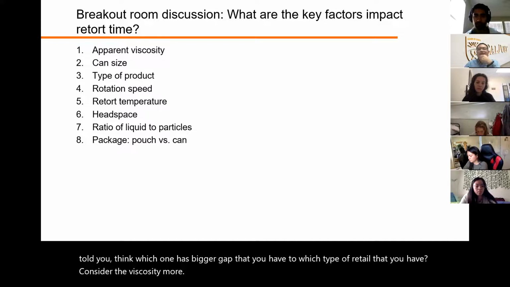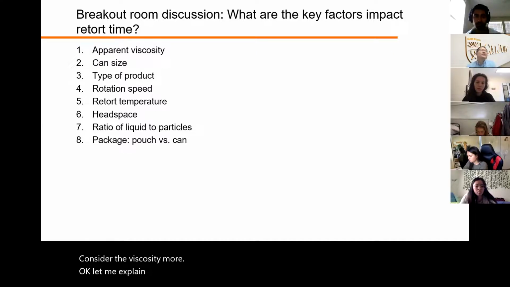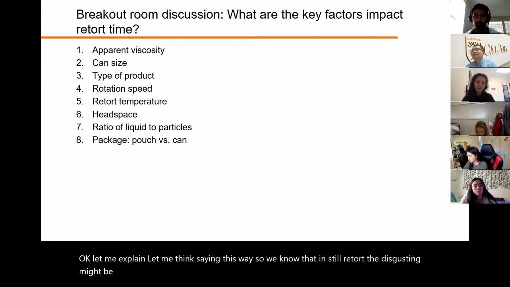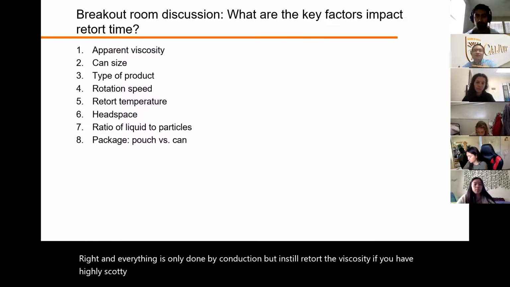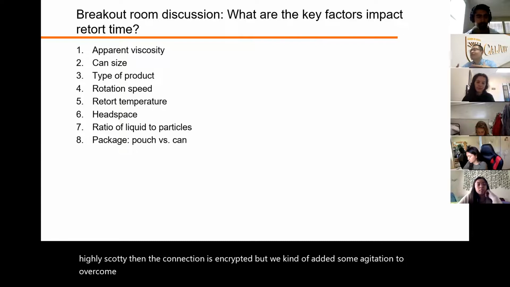Okay, let me explain. We know that in a steel retort, the viscosity might be a huge issue, right? Because you don't have much convection there, and everything is done by conduction. If you have high viscosity, then the convection is inhibited. But we added some agitation to overcome that viscosity problem, right?